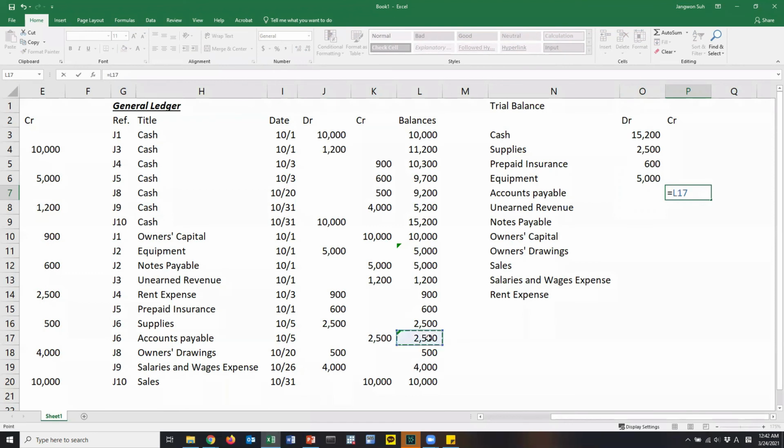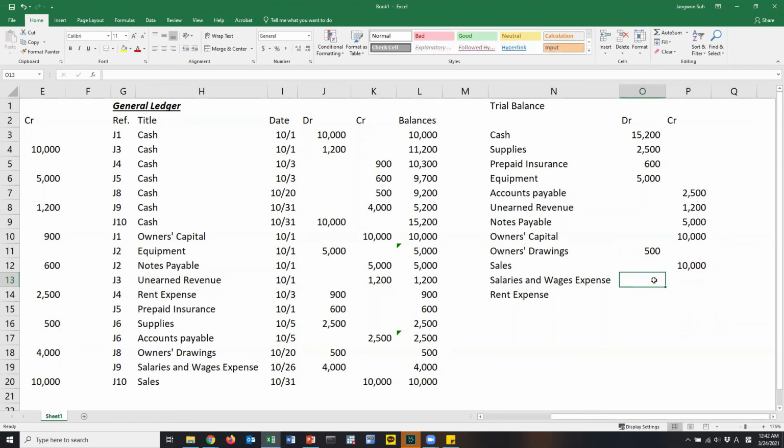Accounts payable and unearned revenue, notes payable, owner's capital, and then owner's drawing. It has a debit side as its normal balance. Sales, and two expenses. All right.